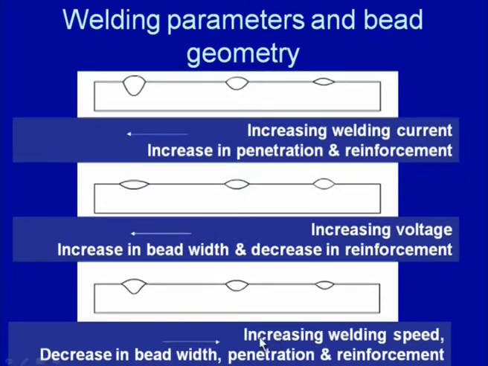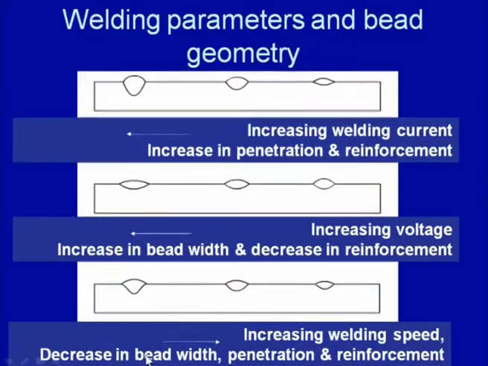Similarly, the increase in the welding speed: low welding speed, higher, and the highest welding speed, that is in this direction, reverse of the above two. So, increase in welding speed decreases the weld bead width, here it is maximum, then the weld bead width is decreasing, and the penetration is decreasing. Penetration is maximum with the low speed and then it is decreasing, and reinforcement is also decreasing.